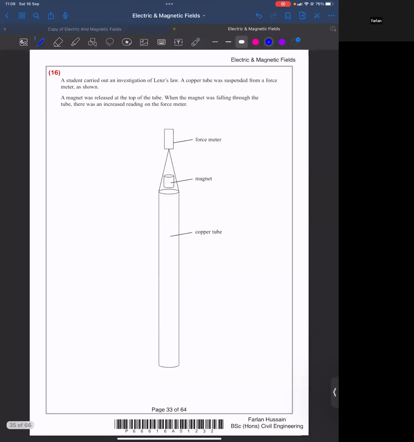Very similar to the earlier question that we did. Guys, don't write. I will give you an answer, but I want your input. Read the question.